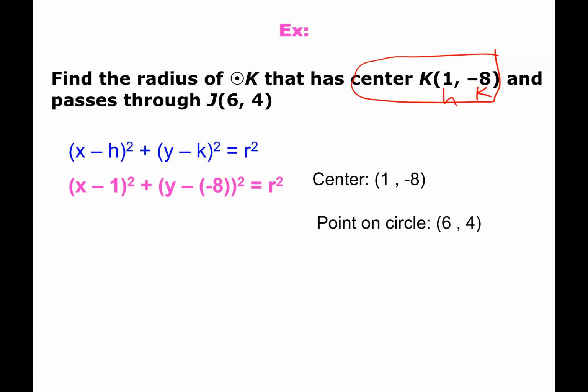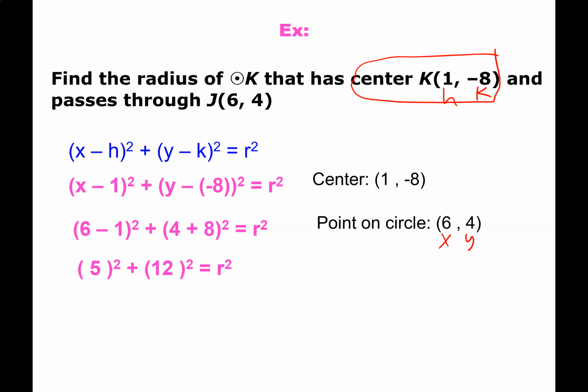Simplify that first. Once we simplify that, then we're able to put in the other point, which is x and y, and substitute that into the equation as well. So the 6 replaces the x, and the 4 replaces the y. You want to simplify that in order to figure out what the radius will be. So 6 minus 1, we should end up with 5 squared plus 12 squared equals r squared.